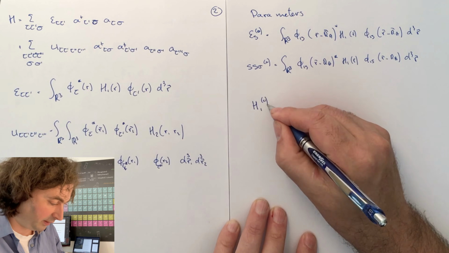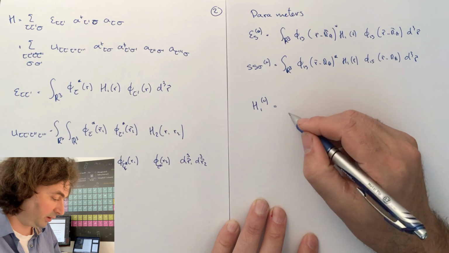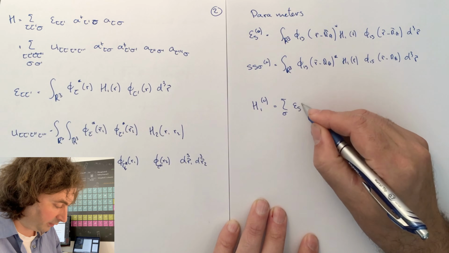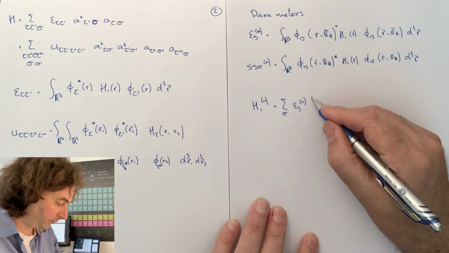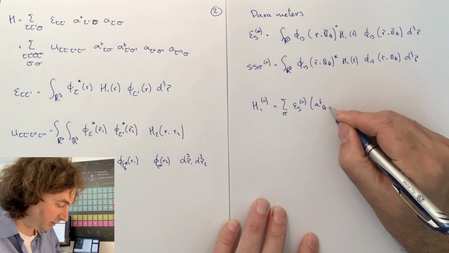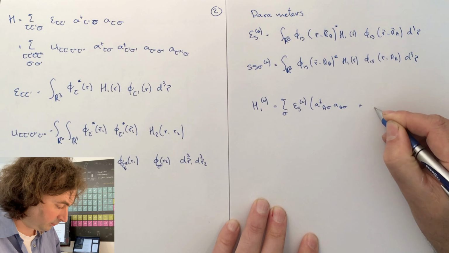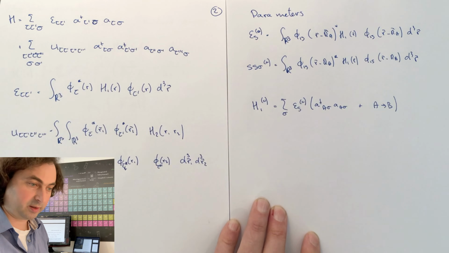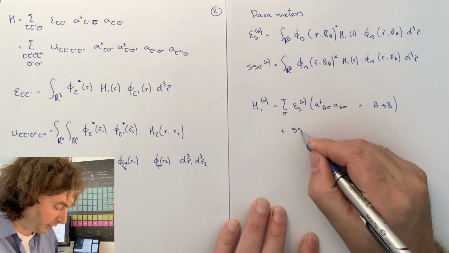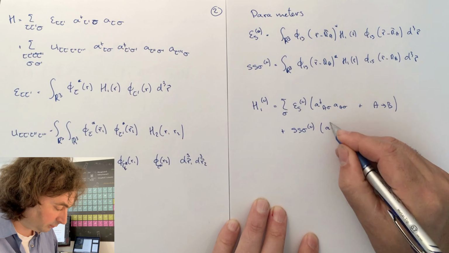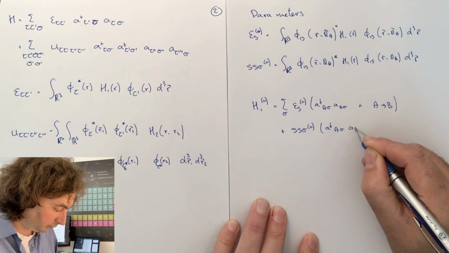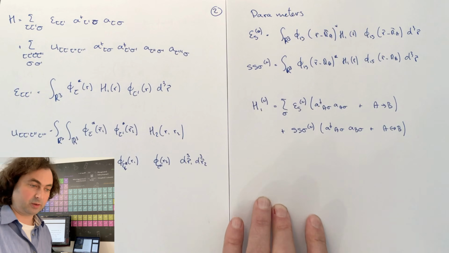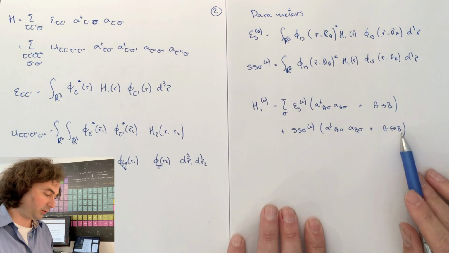Our Hamiltonian with these definitions for the one particle part becomes a sum over spin, and then we have our integral, and we have the on-site energy either for the electron sitting at site A or sitting at site B, and we have the hopping, and again we can switch around site A and B. You can either hop from site B to A or from site A to B.